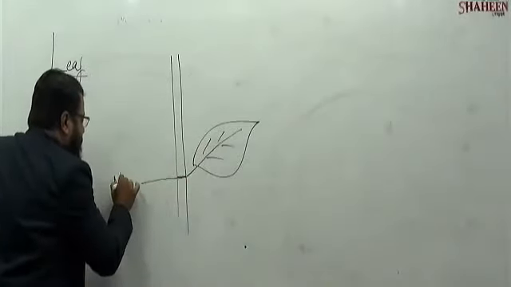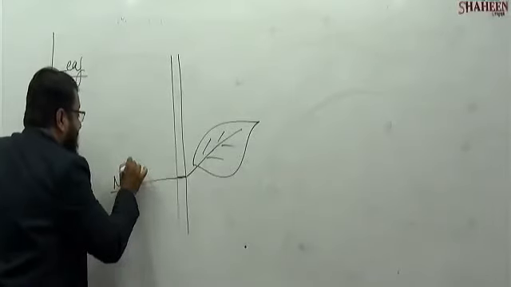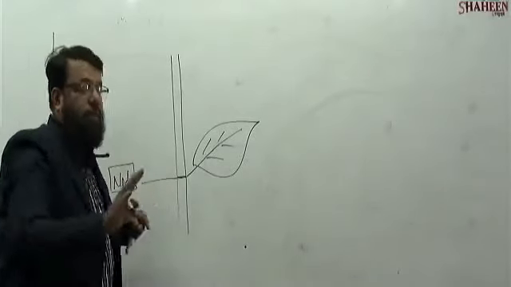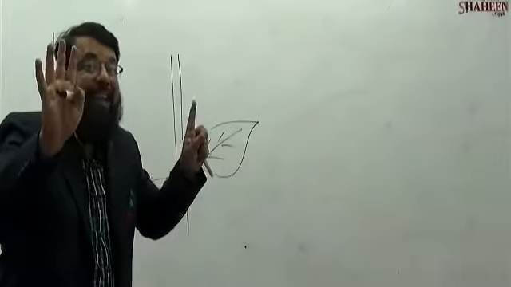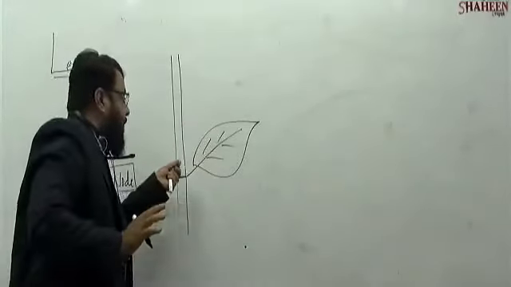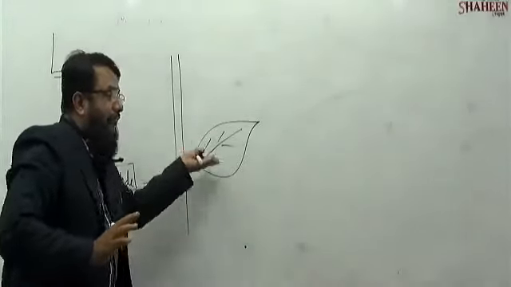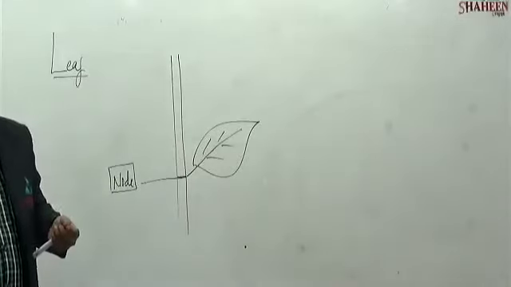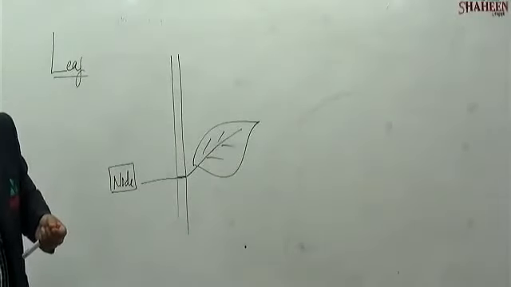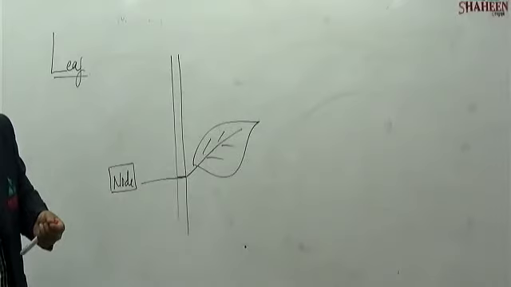On the nodes. I am saying present, not originated. Leaves are usually flat structures that are present on the nodes.